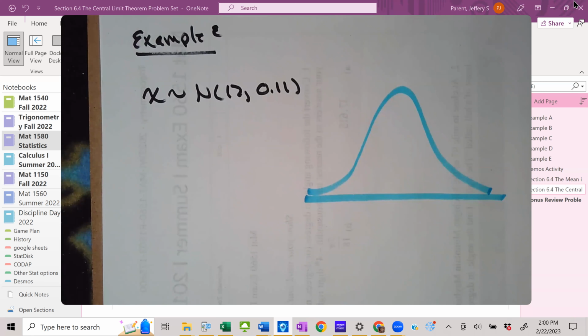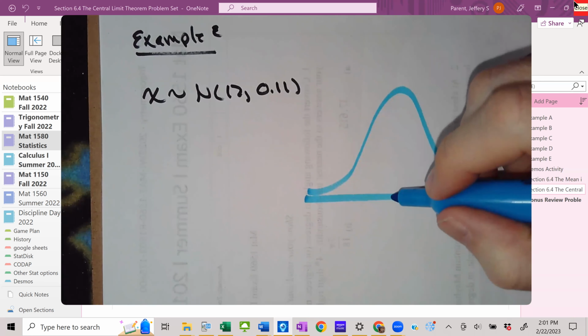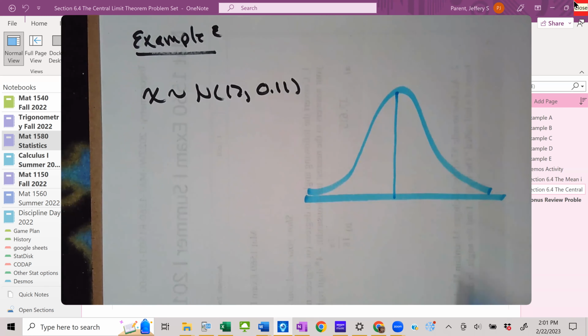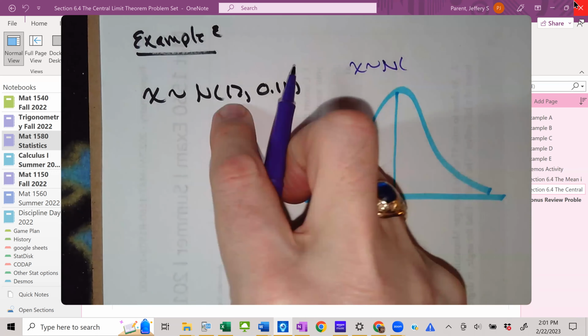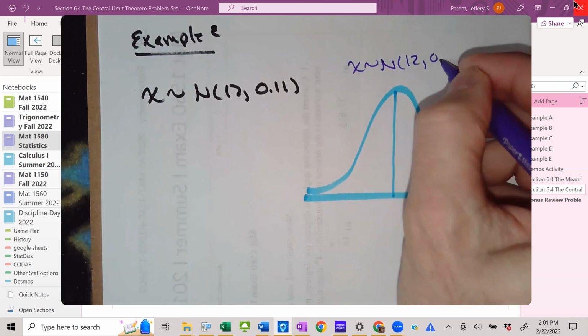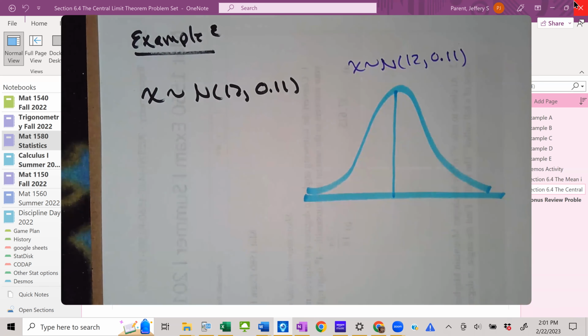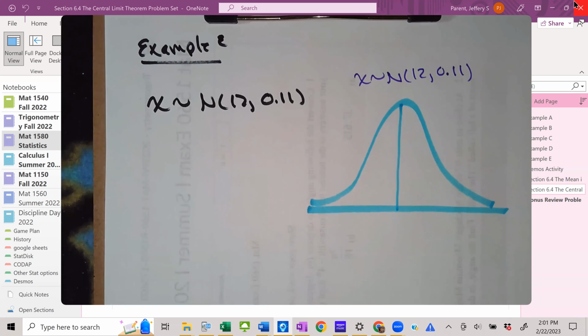All right, so let's draw this line here. This is all for this distribution. It's a normal distribution with a mean of 12 and a standard deviation of 0.11. Like that. What should I label this with right here?